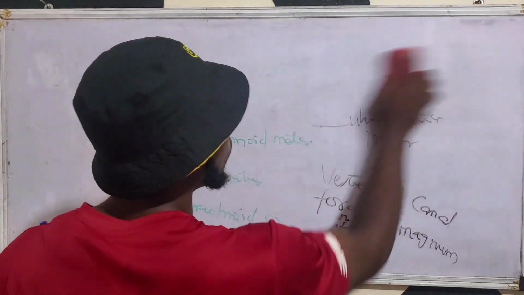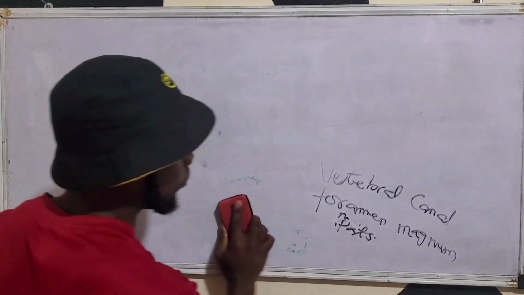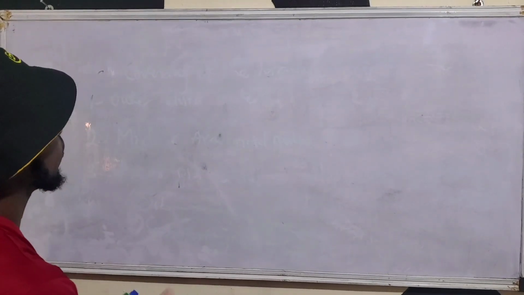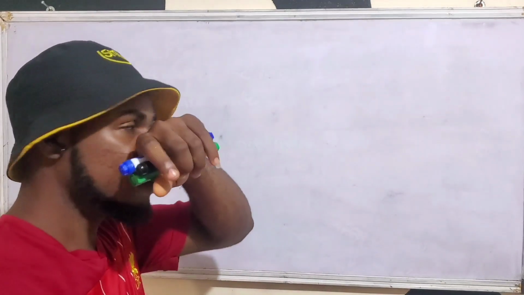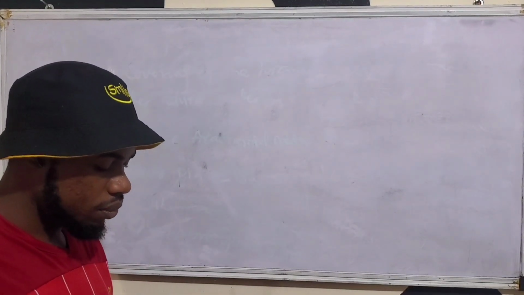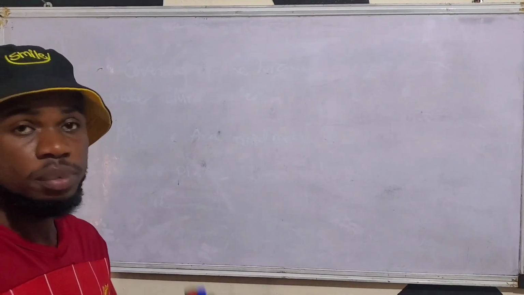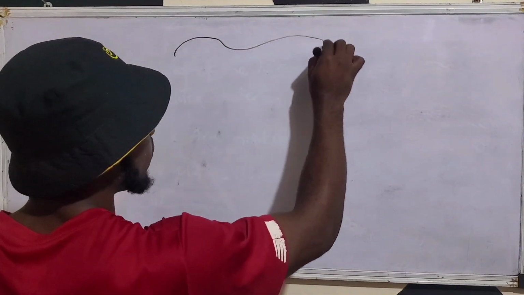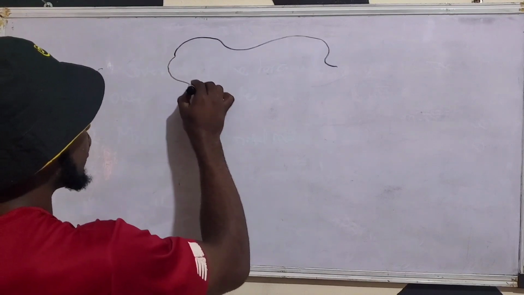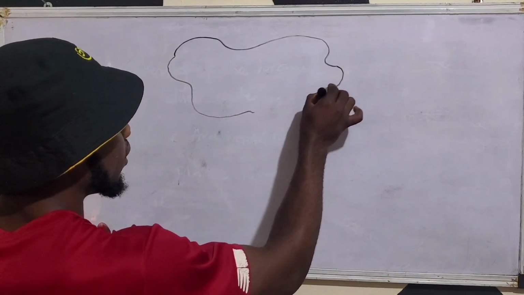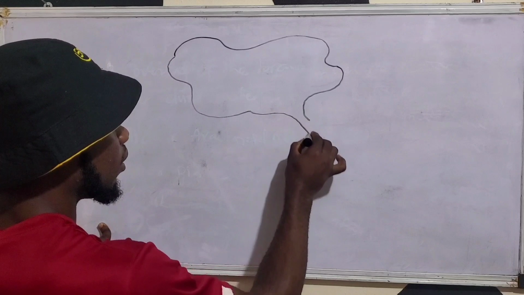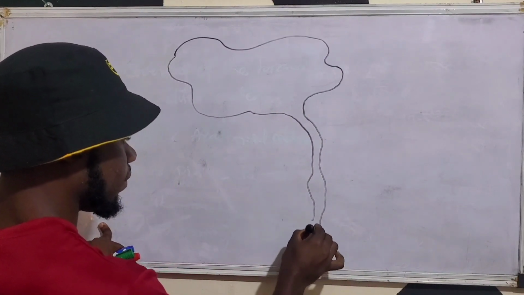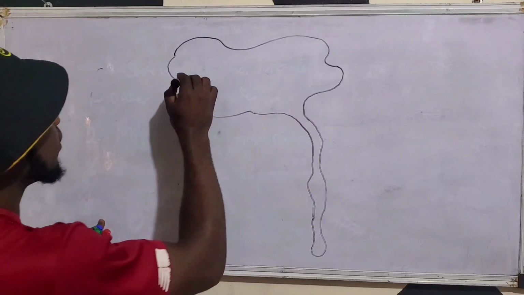The parts of the brain. Before I go into the parts of the brain, I want to make a sketch, a diagrammatic representation of the brain and the spinal cord. Please don't mind my diagram. It's just for learning purposes. Alright, something like this.